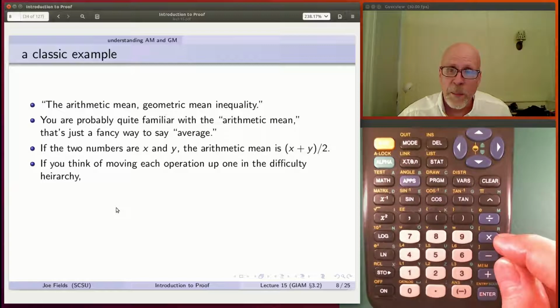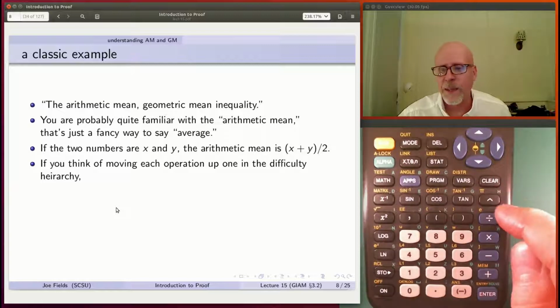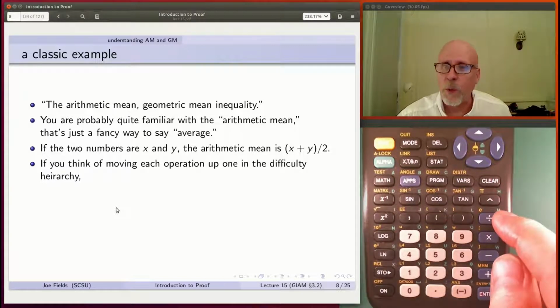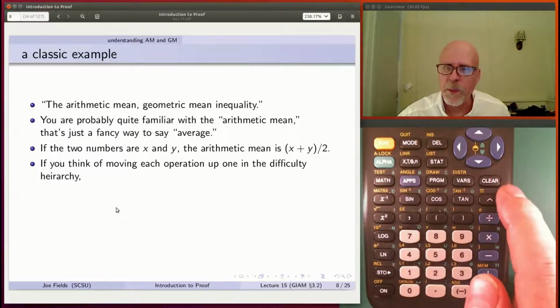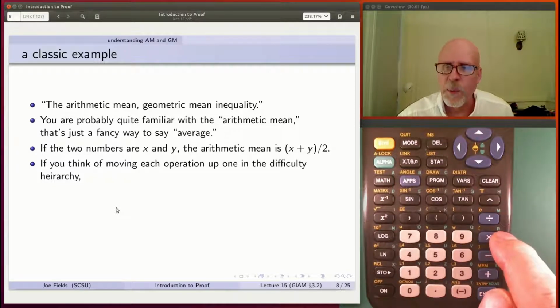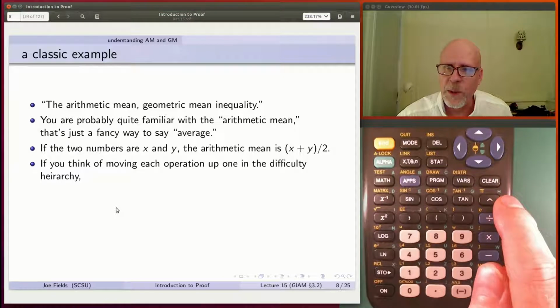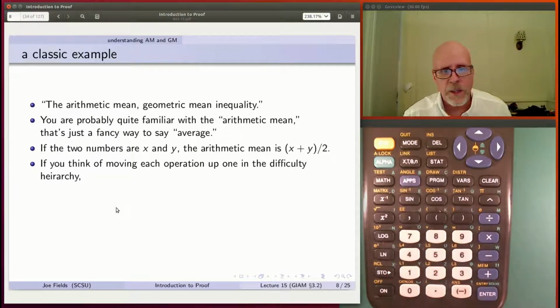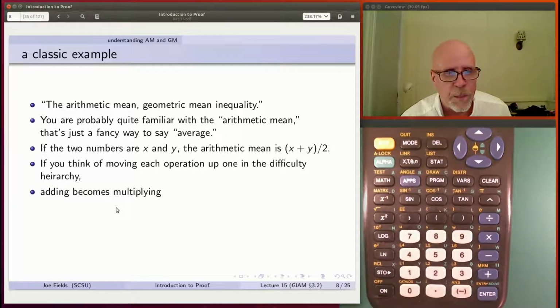And then repeated multiplying is exponents. I guess you could think repeated division is like roots. But once you've got exponents, you can just think multiplying by a half corresponds to a power of a half when you go up.